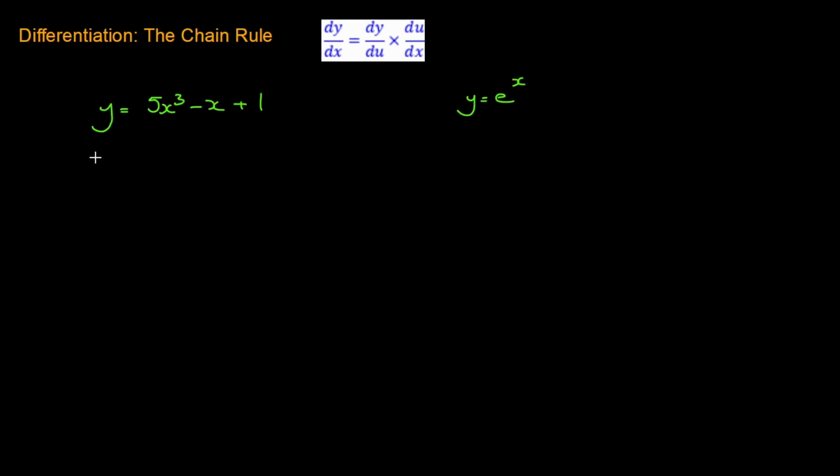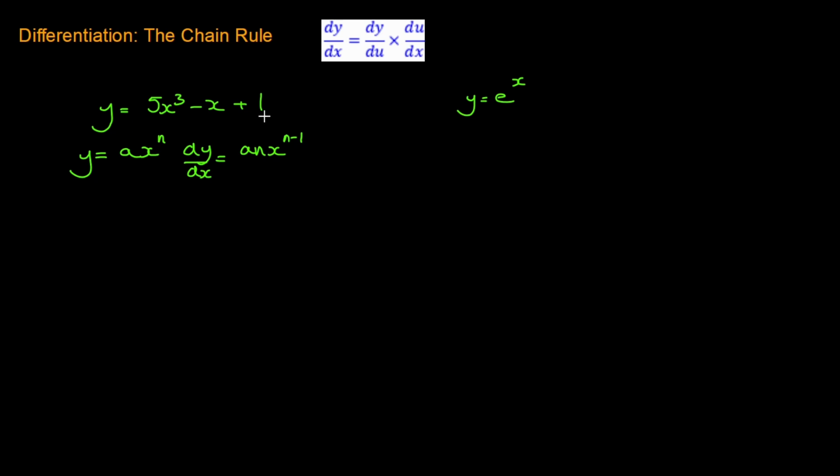And our rule for differentiation is this: if y is equal to ax to the n, to differentiate this, we bring the n down and multiply it by the a, and then reduce the power of x by 1. So we get dy/dx is equal to anx to the n minus 1.